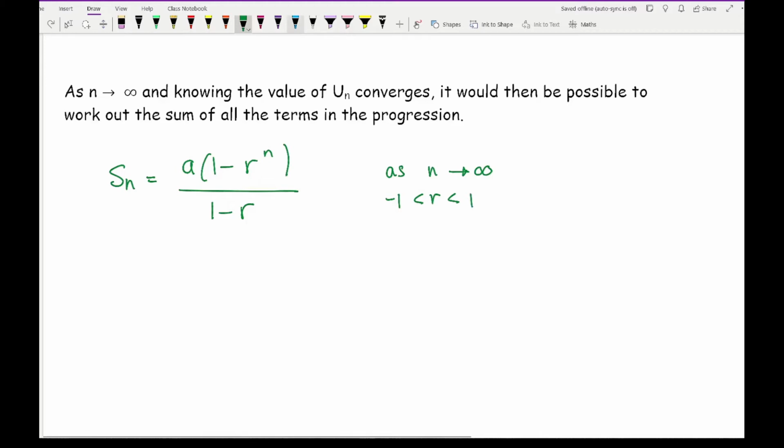So r to the power of n is also going to tend towards 0. If that becomes 0, what have I got left? Well, that means the sum to infinity is simply going to be a over 1 minus r.